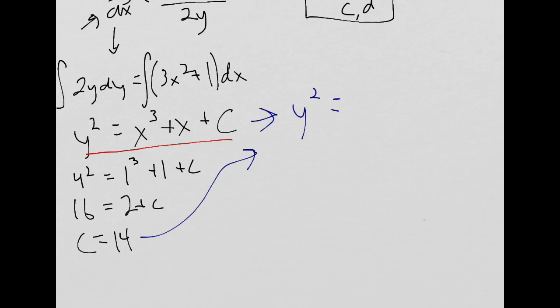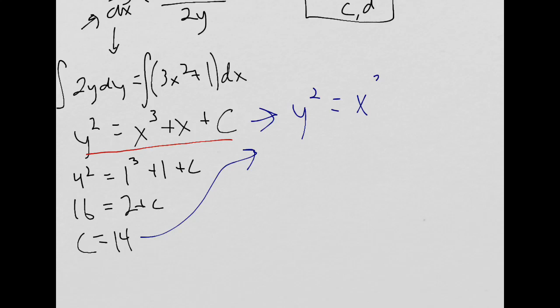I could have solved for y, gotten the square root thing, and then plugged my values in for c, but it would have been more complicated. So there's no golden rule about when to solve for c, and especially when we deal with ln integration and other equations, there are really different techniques. But in this case, I think it's easiest to solve for c here, so that's why I did it there. So anyway, I'm going to plug that c value in.